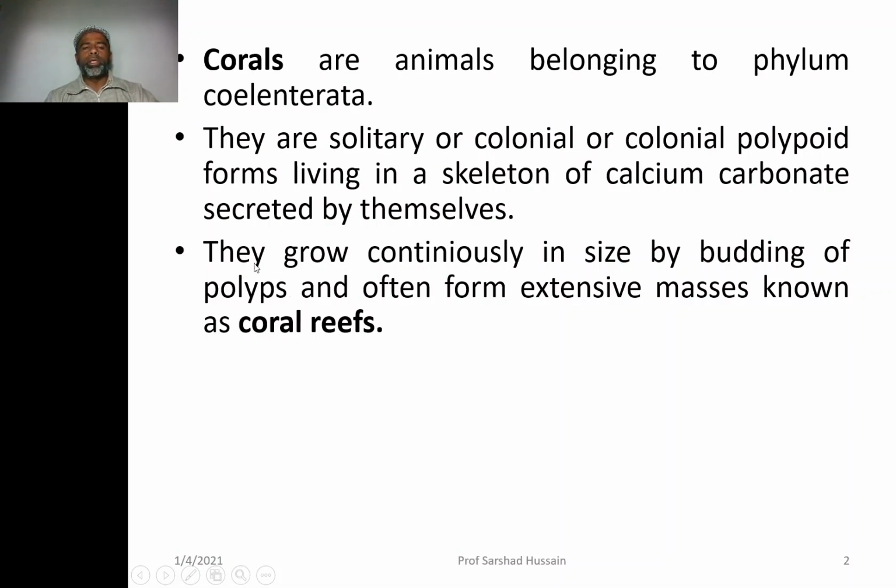As we have already discussed in coelentrates, there is a common feature of asexual reproduction by means of budding and continuously giving new buds and thereby making the extension of the body. They form extensive mass, which is called coral reefs.